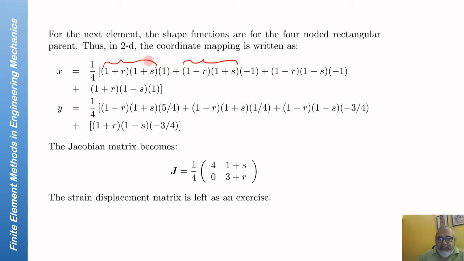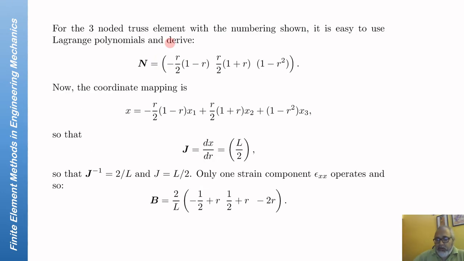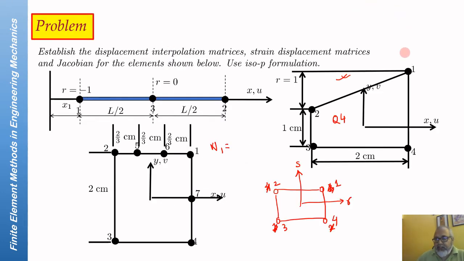And the coordinates, this is x1, which is the x coordinate of this point. So this point is at 1 comma 5 by 4, I think. This is at -1 comma 1 by 4.